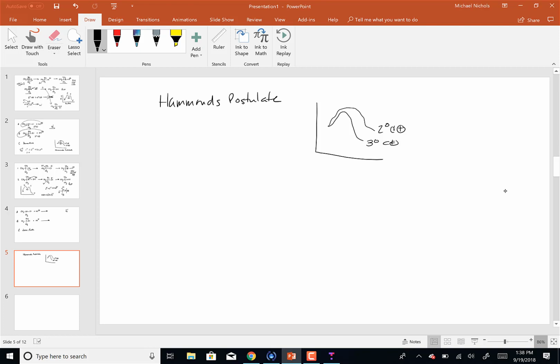So anything I do to make the product more stable is going to make the activation energy lower. And because the Arrhenius equation says that the rate is equal to A e to the minus Ea over RT, mathematically, the lower I make the activation energy, the faster the rate.